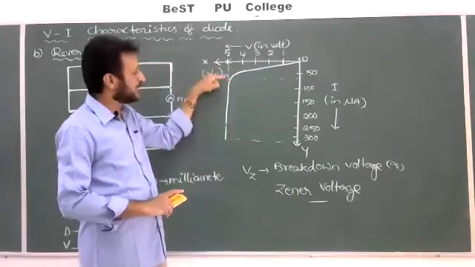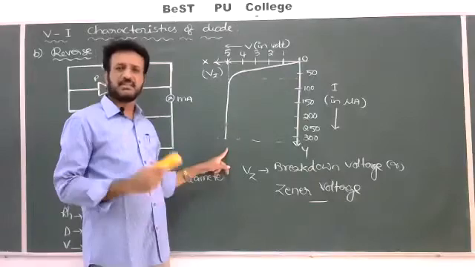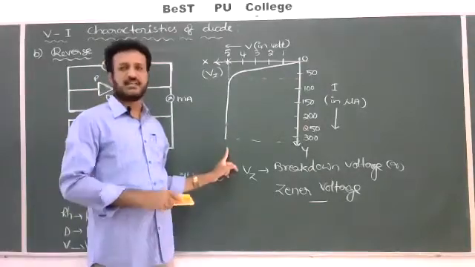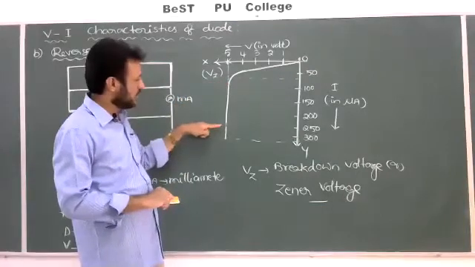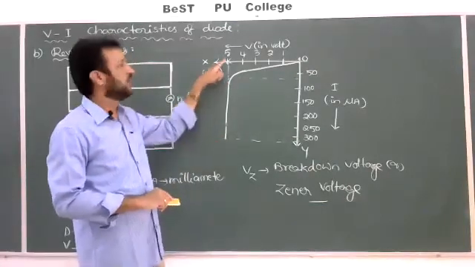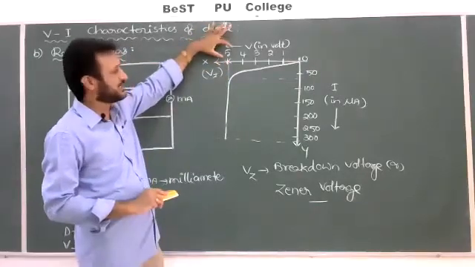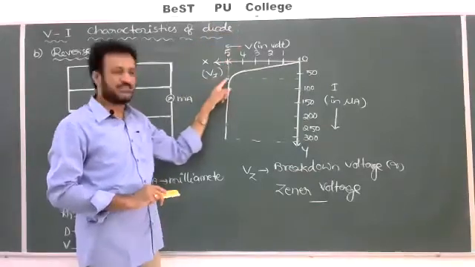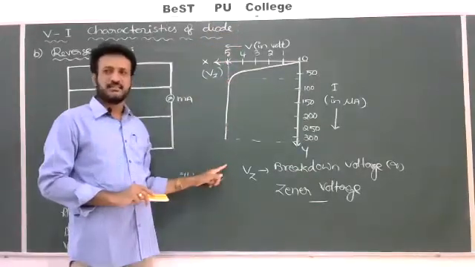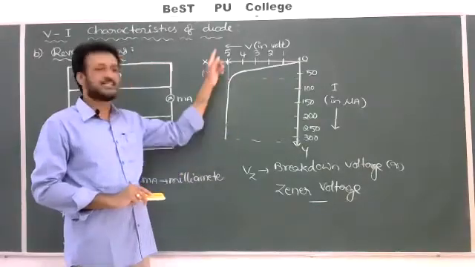Once breakdown takes place, a large current flows in the circuit, like 300, 500 or even larger. But observe carefully: even as the current increases, what parameter does not change? Voltage. For example, the reverse breakdown voltage is equal to 5 volt. At 5 volt, the current will suddenly increase, but there is no change of the voltage.